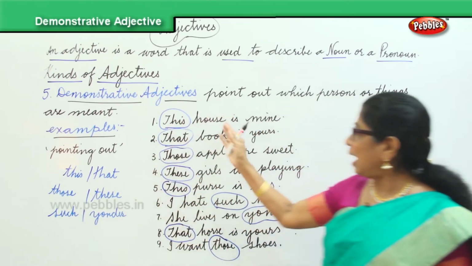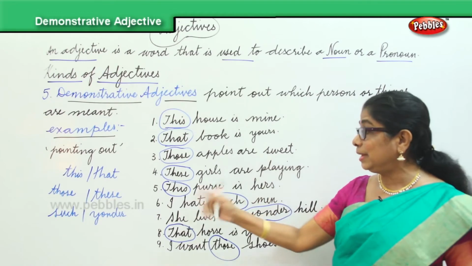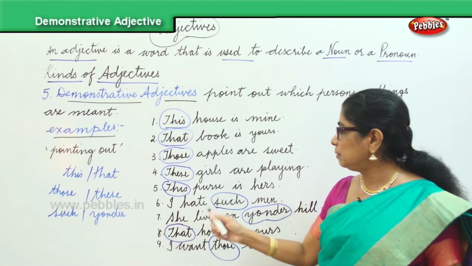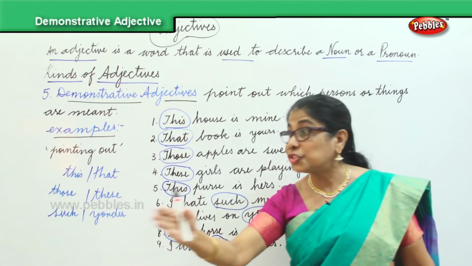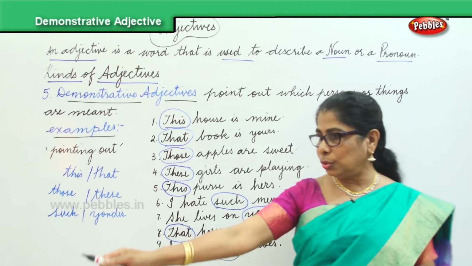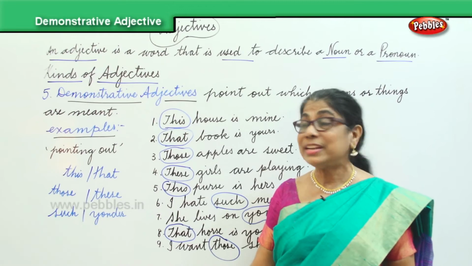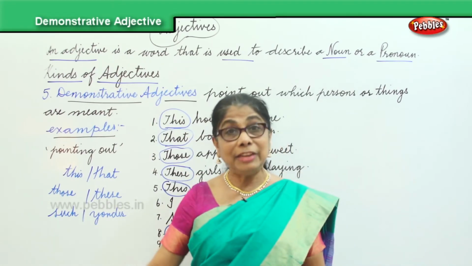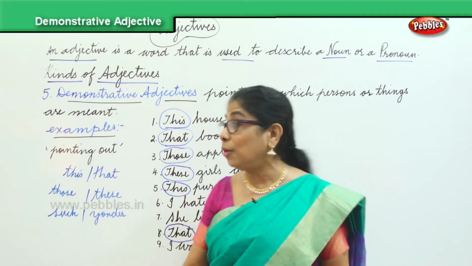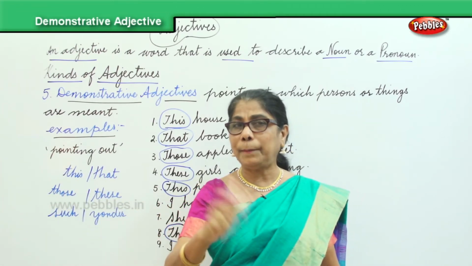So we have done five different kinds of adjectives, and we have done demonstrative adjective. How do we find out? A demonstrative adjective always points out a person or thing.